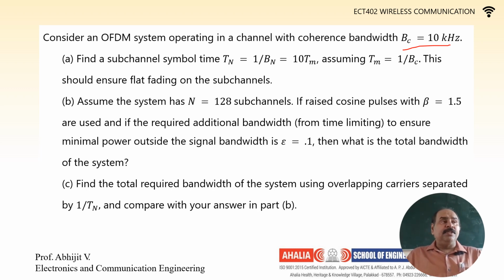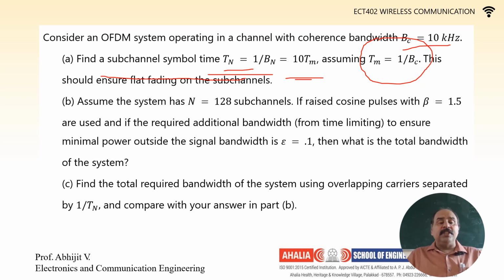Now the question is, find the subchannel symbol time Tn, which is equal to 1 by Bn, which is equal to 10 times Tm, assuming that Tm is 1 by Bc, so that we get a flat fading channel. The condition for a flat fading channel is that the coherence bandwidth should be greater than the input signal bandwidth.